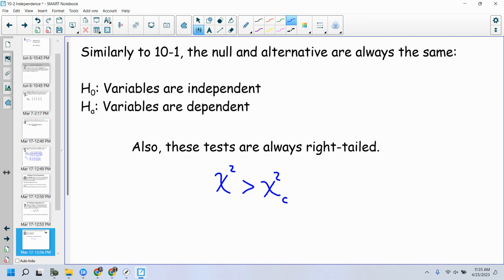We're confusing what our test statistic is supposed to be: greater than, less than, or equal to. If it's a right-tailed test, your test statistic has to be greater than your critical value to reject. If it's a left-tailed test, these are not left-tailed, but if it were, then your test statistic would be less than the critical value. And if it's two-tailed, then your test statistic could be either greater or less than your critical values.